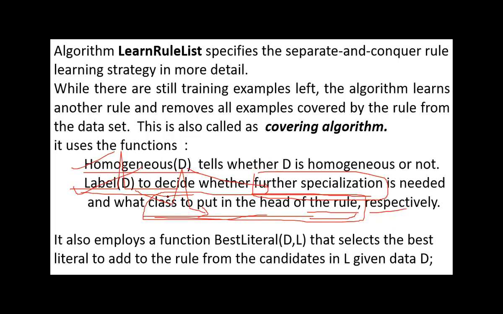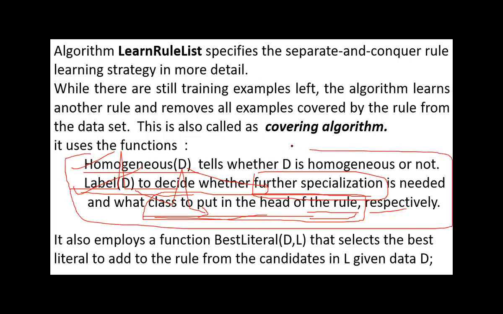We pass D and we get whether D can be divided further or need not be divided. Similarly, label of D is another function. If I pass D, it automatically gives me the class name. So these are the two assumptions we have.